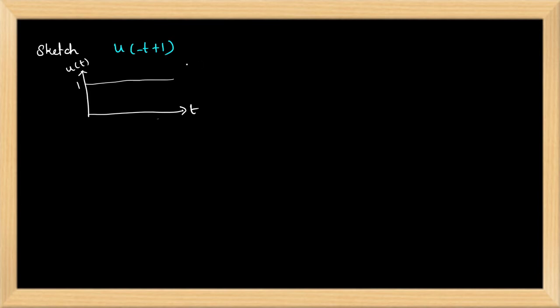First we do the shifting operation. Here t naught is negative, so we have to advance the signal. The new signal will look like this. This is our u of t plus 1. It will start from minus 1 and reach up to infinity.